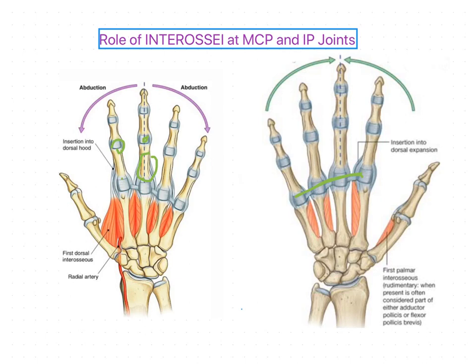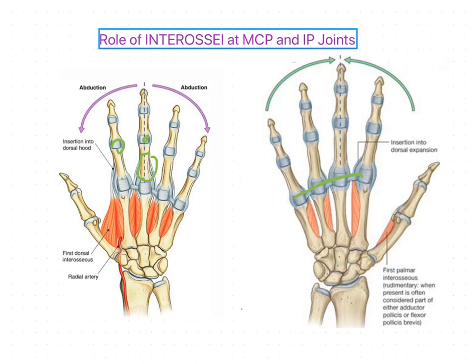The ability of the interossei to flex the MCP joint, however, may vary with MCP joint position and with its proximal versus distal attachments. So, the main function at the metacarpophalangeal joint is that it acts as abductors as well as adductors, and also helps in flexion and extension.